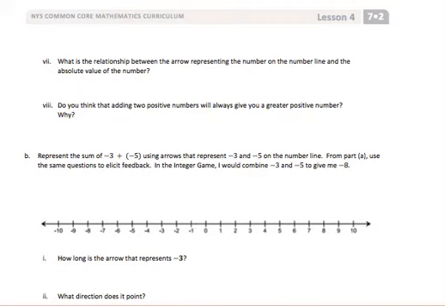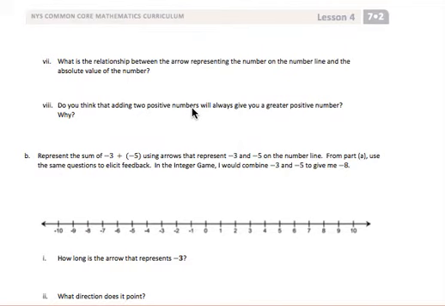Continuing with the discussion, the relationship between the arrow that represents the number on the number line, meaning the answer on the number line, and the absolute value of the number is that they are at exactly the same distance from 0. And then finally we're asked, do you think that adding two positive numbers will always give you a greater positive number?